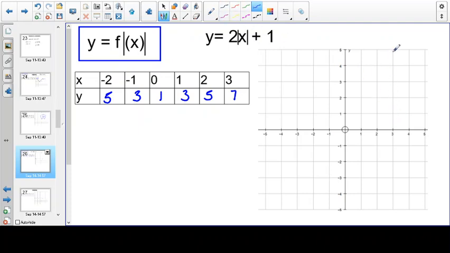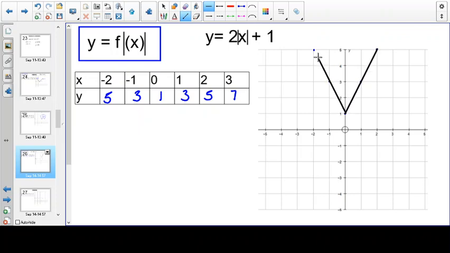So 3, 7's gone off, 2, 5, 1, 3, 0, 1, minus 1, 3, minus 2, 5. So that's gone down there.